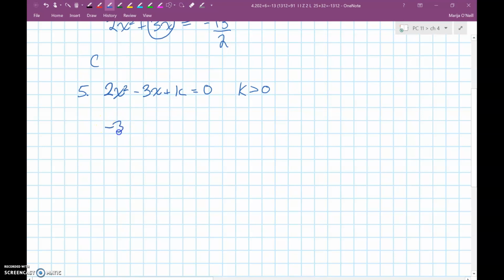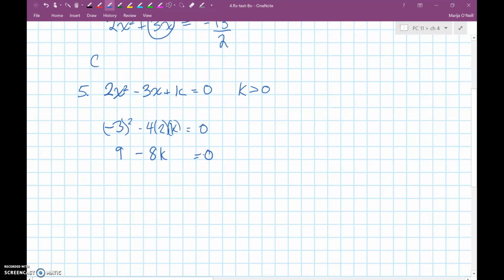So it's negative 3 squared minus 4, 2 (that's a), k (that's c) equals 0, not 9, sorry about that. Then that's 9 minus 8k equals 0.